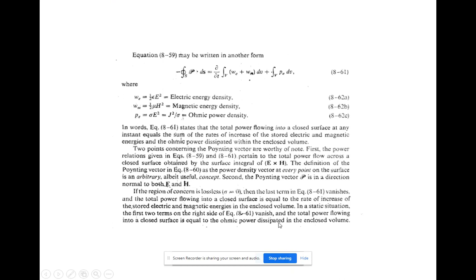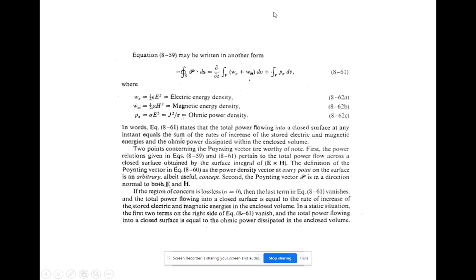Here, for the lossless field, you will be obtaining the sigma value as 0. On substituting the sigma value as 0, the total power flowing into a closed surface will be equal to the rate of increase of stored electric and magnetic energy in the enclosed volume.